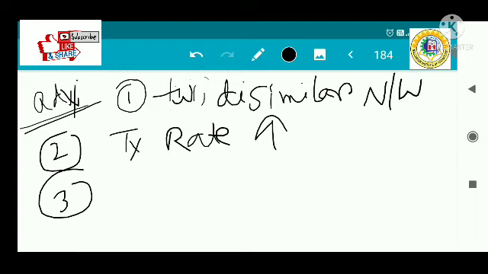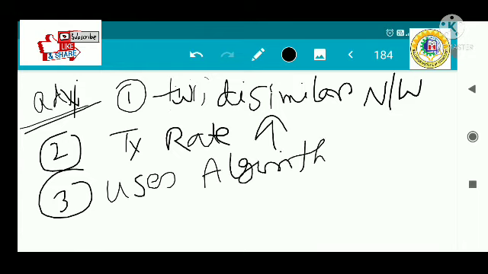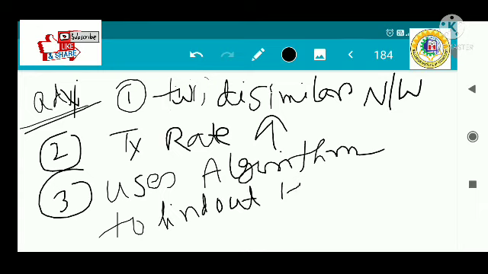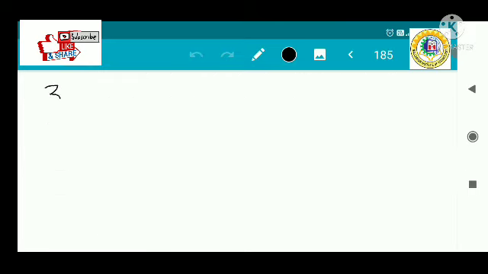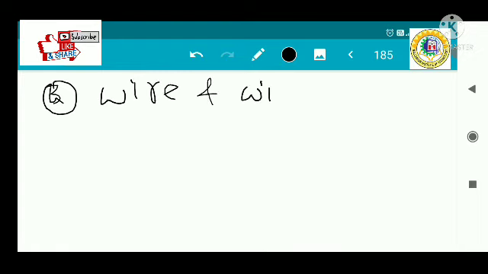In the case of the routing table, it also uses some algorithm to find the least congested path to forward the data. It also provides both wired and wireless facility, and both can be performed with the help of this router.